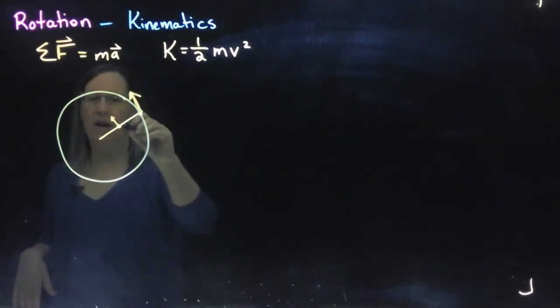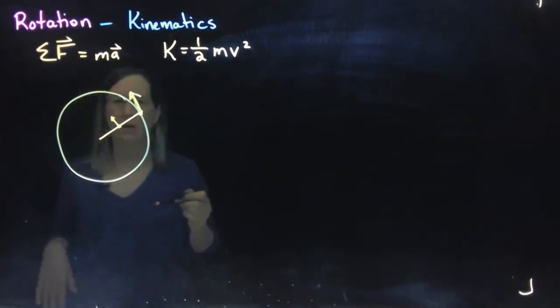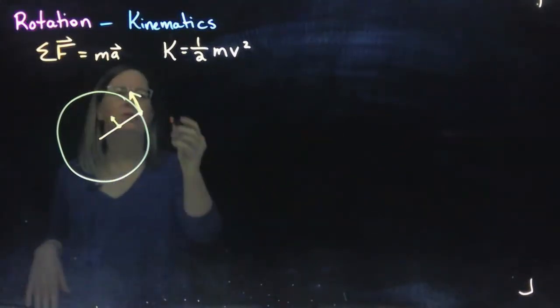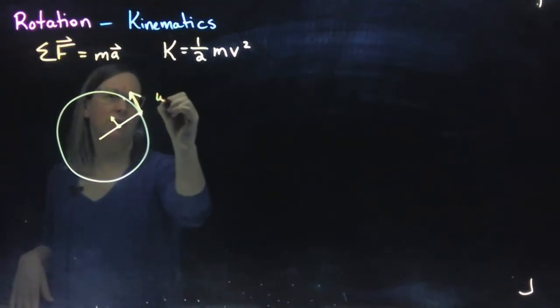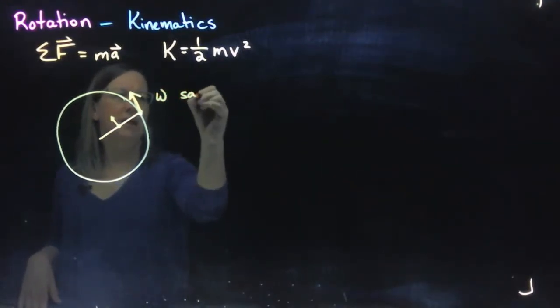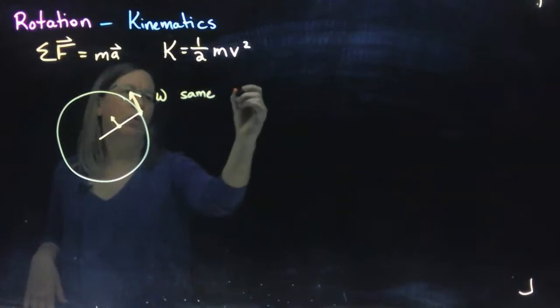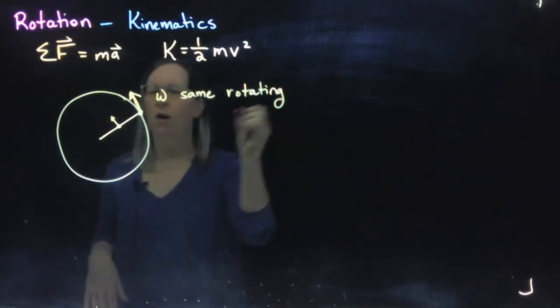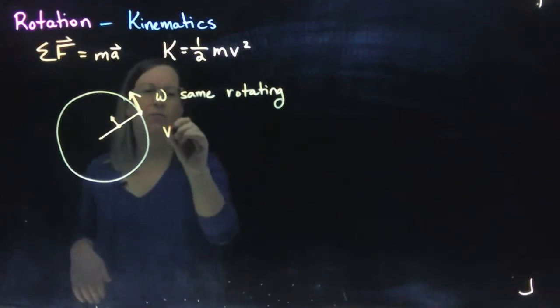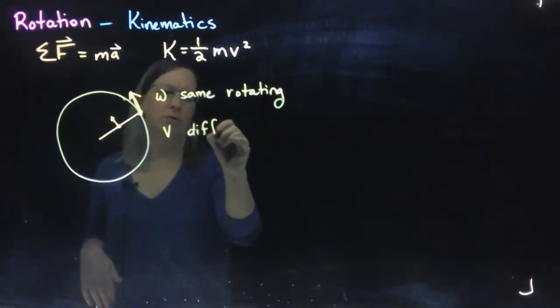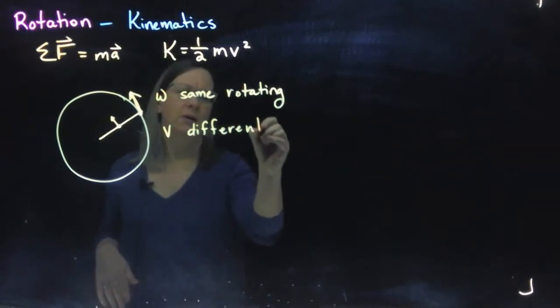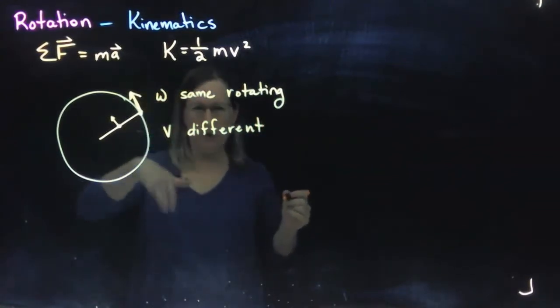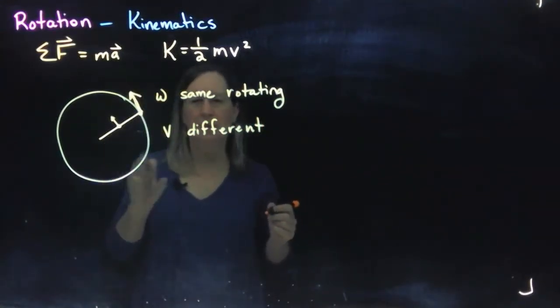If this is the halfway point, this is half the speed. But in both cases, your omega is the same. So omega is the same for any point on a rotating object, but V is going to be different for different points. And that's why we go to omega and alpha instead of V and A.